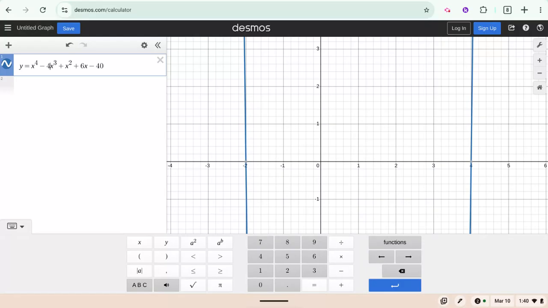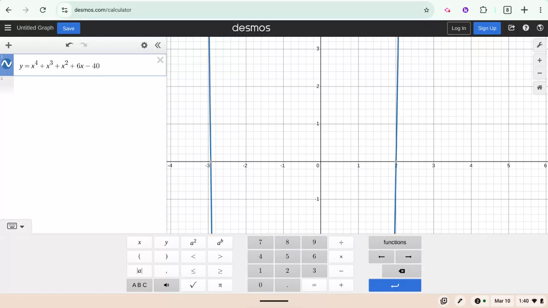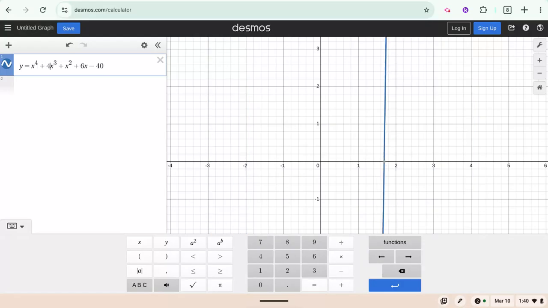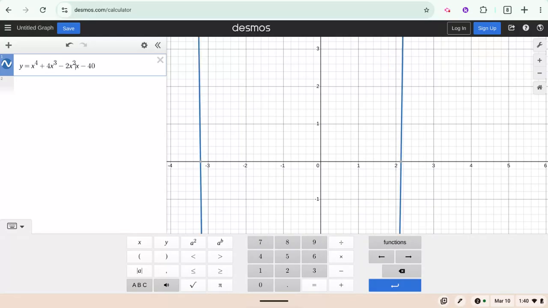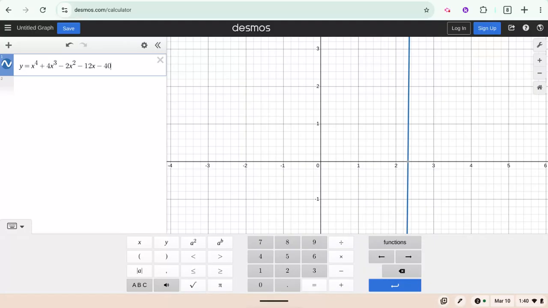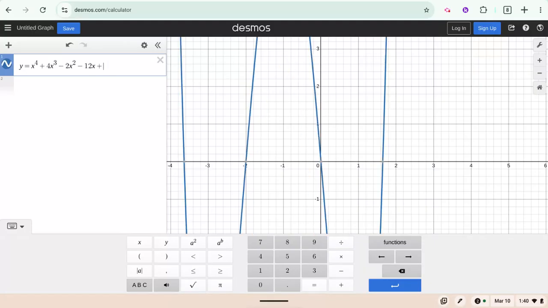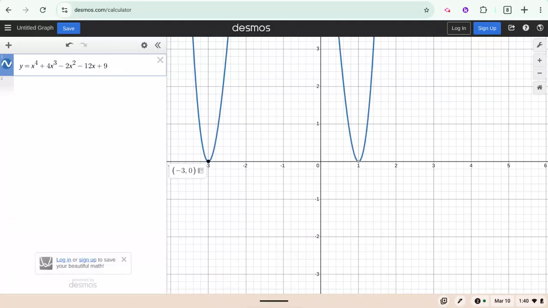Just going to try to alter this one. Plus 4 and then minus 2. Minus 12x, and then plus 9. Notice it's tangent at negative 3 and 1.